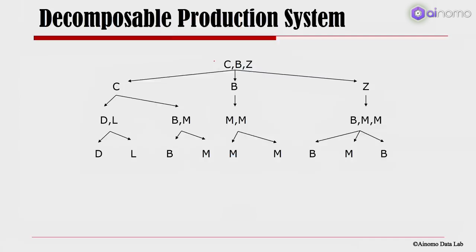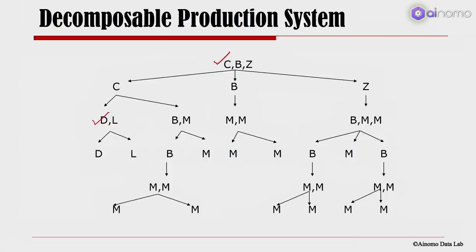So we have an initial CBZ, we split it up as C, B and Z, apply the rewriting rules to get DL, BM, MM, BMM and then again split this into D and L, B and M, M and M, and BMB. Okay, so then we start applying the rewriting rules, and apply only to this B, and we get a string where all of these Ms are satisfied.